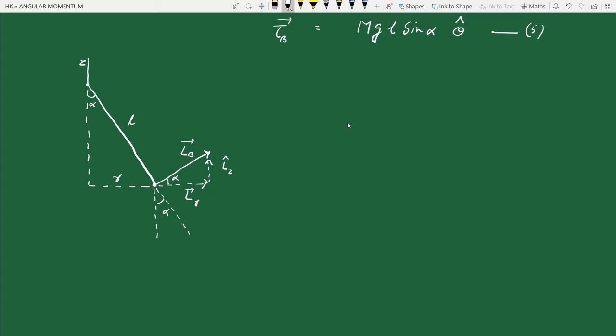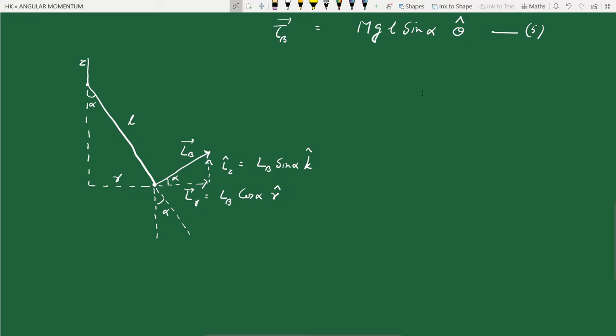So we have this result: LR is nothing but LB cos alpha along the radial direction, and LZ is nothing but LB sin alpha along the k direction. So I have resolved LB into a radial component and a vertical component.